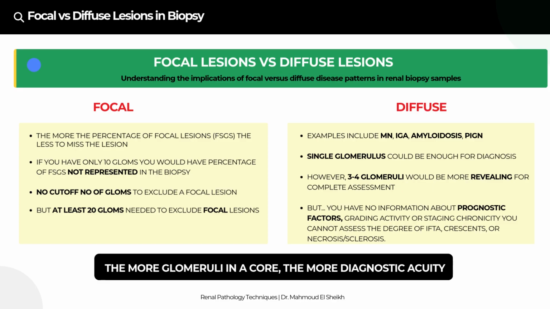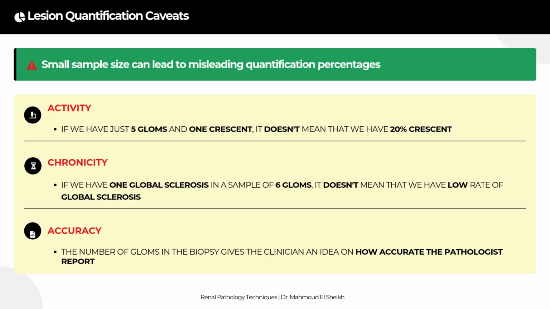However, 3 to 4 glomeruli would be more revealing for complete assessment. But again, you have no information about prognostic factors, grading activity, or staging chronicity. You cannot assess the degree of IFTA, or the presence of necrosis or sclerosis. So our rule here is: the more glomeruli in a core, the more diagnostic accuracy you will gain.